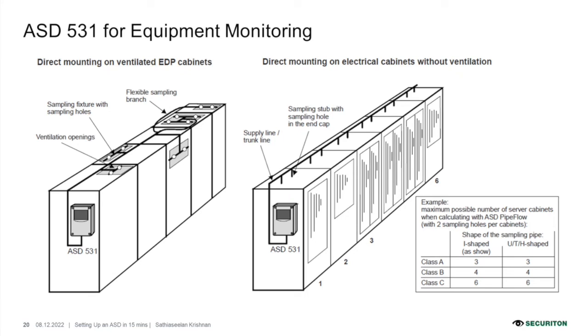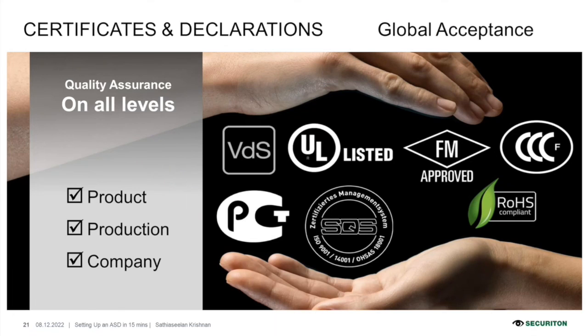Okay, with this information, I'm sure most of you get the idea where ASD can be used and how easy the ASD 531 is in terms of usage in the market. It should be mentioned that all the certifications are there for the ASD 531, which is VdS approved from Germany, Switzerland, or Europe.